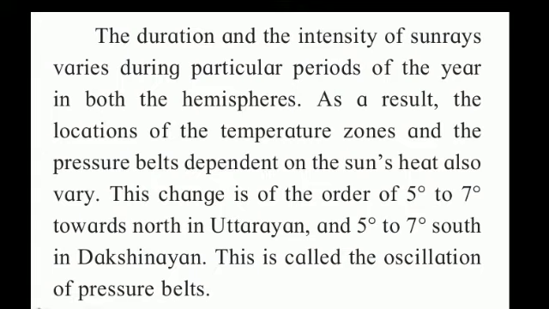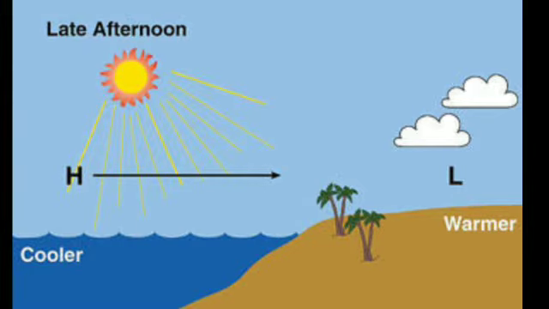Now let's see the explanation. Children, in both the hemispheres, what happened? The duration and intensity of sun rays. Intensity of sun rays means the time we get sunlight. Students, at what time do we get sunlight? Yes, early in the morning.